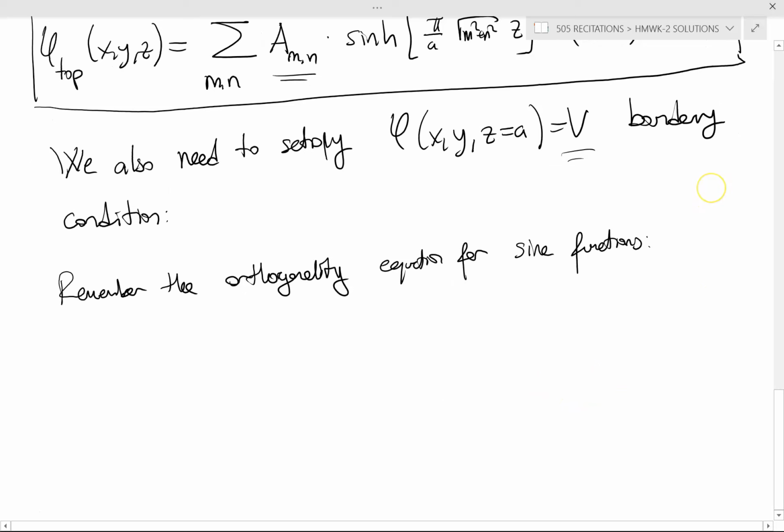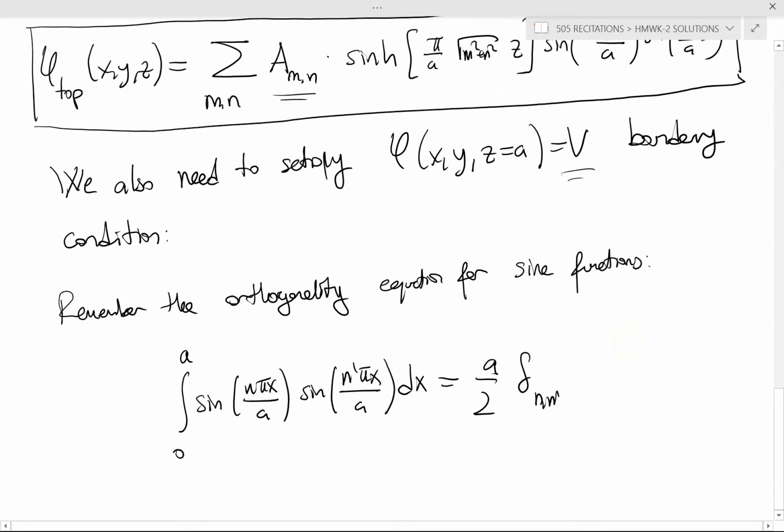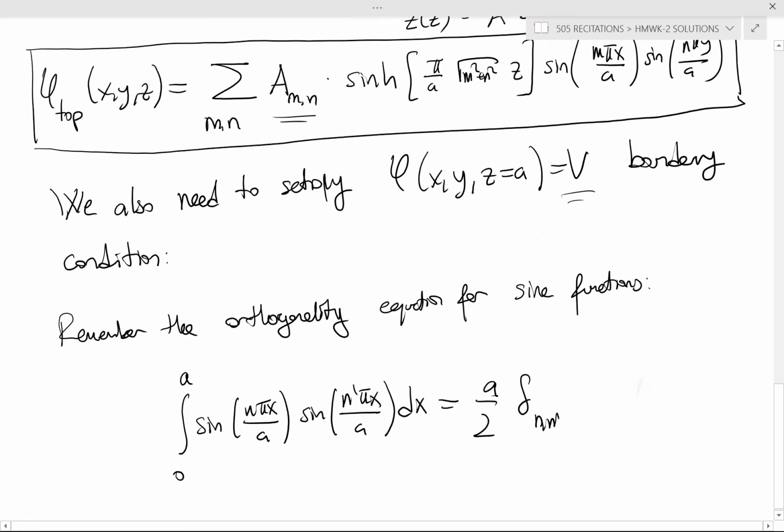In this case, the integral from 0 to a of sin(n pi x over a) sin(n prime pi x over a) dx is equal to a over 2 times the Kronecker delta of n and n prime. As long as n and n prime are different, it means that this integration is equal to 0. If they are equal, this integration is equal to a over 2.